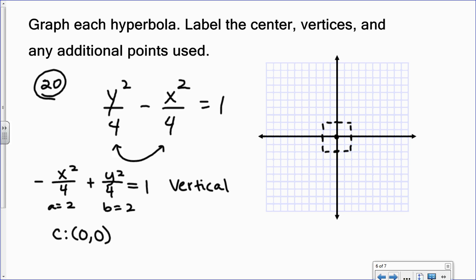Okay. So then my axes go through the center. Since it's a vertical hyperbola, which one is the transverse axis? The horizontal or the vertical? The vertical.